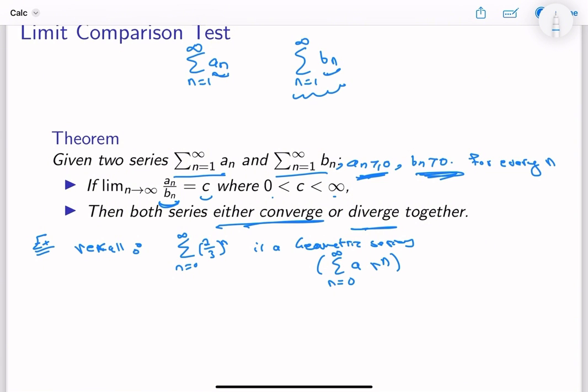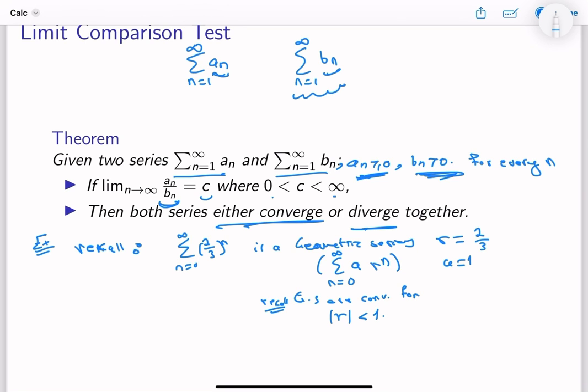Here r is equal to 2 over 3 and a is equal to 1. And I remind you, geometric series are convergent for r in absolute value strictly less than 1.